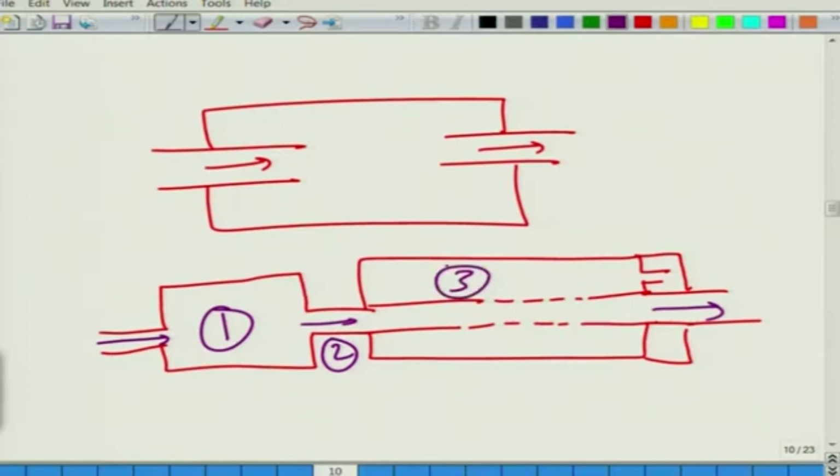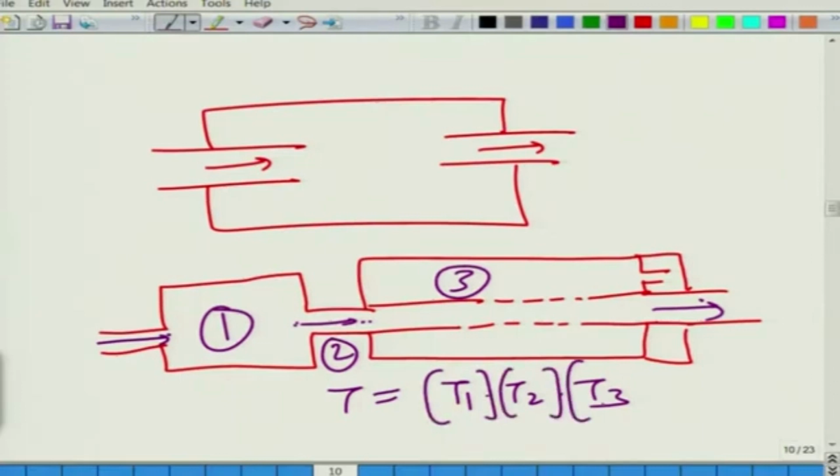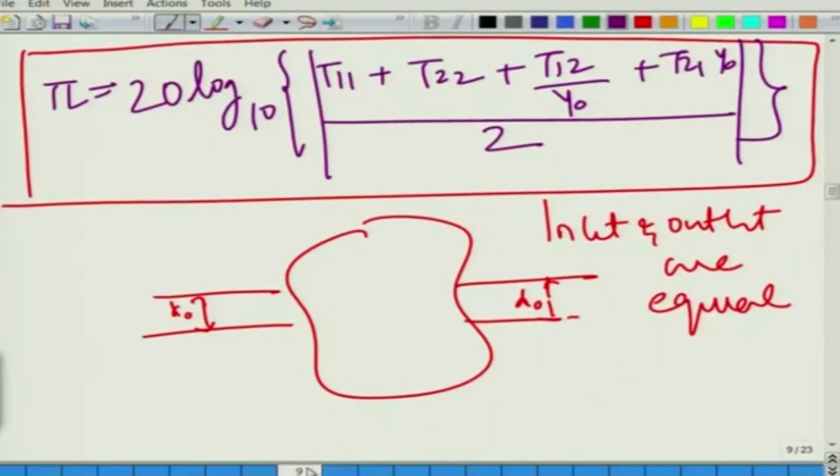And this is 3 and so on, and we have transfer matrix between this point and this point, this point and this point, this point and this point, then T is equal to T1 times T2 into T3. So, once we obtain the overall transfer matrix by sequentially multiplying the transfer matrices of individual elements, we can use possibly the generalized expression like this, the one here, let me call this equation number 4, to find out the transmission loss of the overall system.